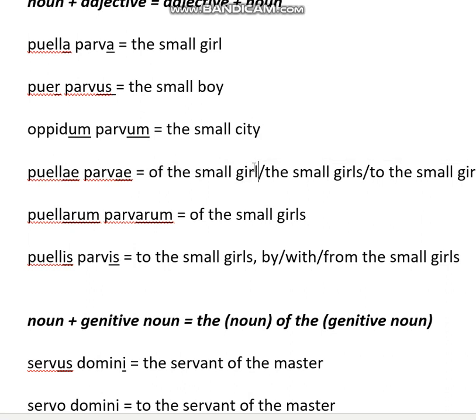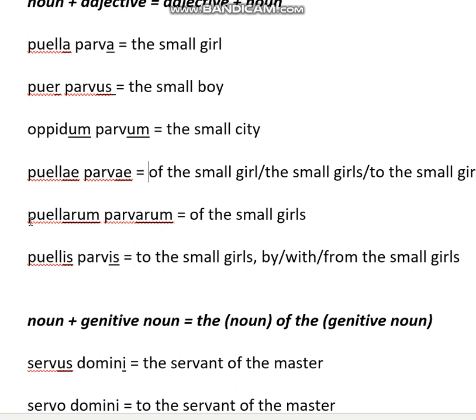It could also be dative singular, to the small girl, or nominative plural, in which case you would have the small girls. As usual, any of these is fine, especially if you're only going through the phrase part of the worksheet.